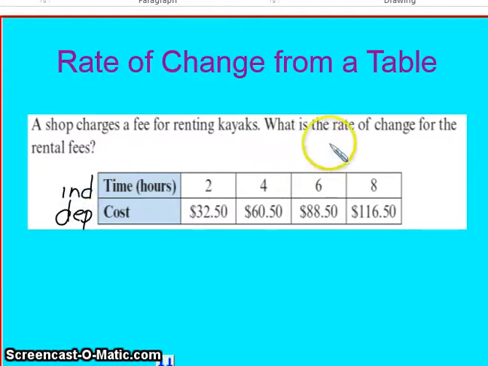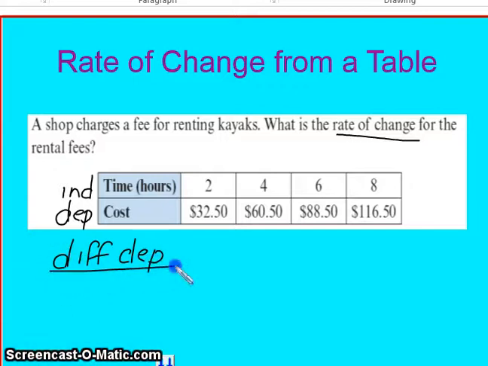Now in order to find the rate of change, we need to take the difference in the dependent variable and divide that by the difference in the independent variable. So I can actually use any 2 of these points that I choose.